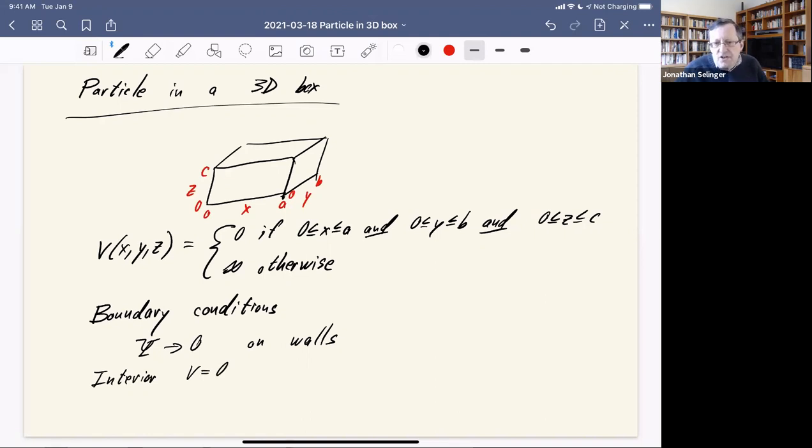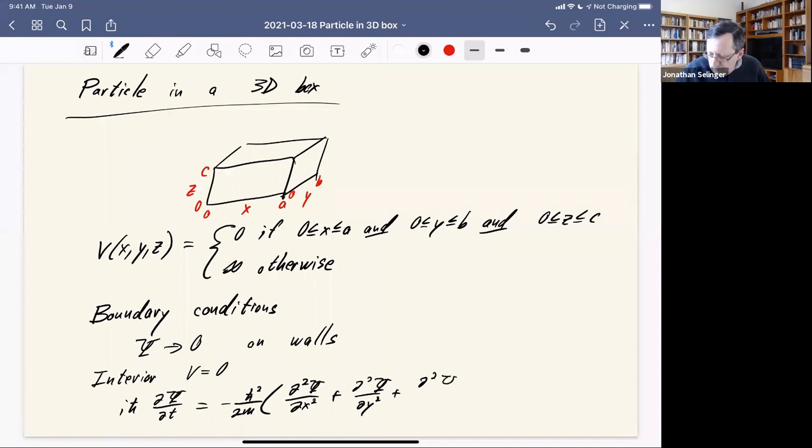So in the interior, we can just solve the Schrodinger equation: i h bar times the time derivative is minus h bar squared over 2m times the Laplacian, with no potential energy term, because the potential energy is 0 in the interior.